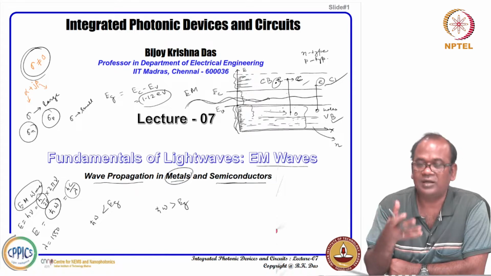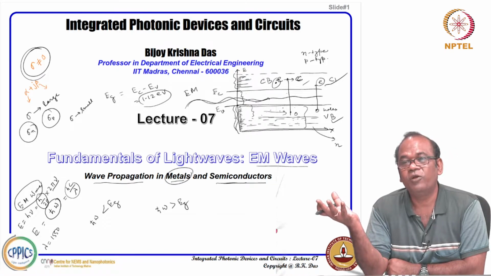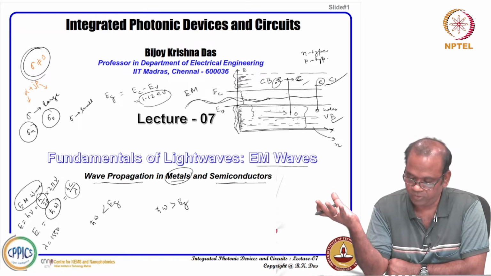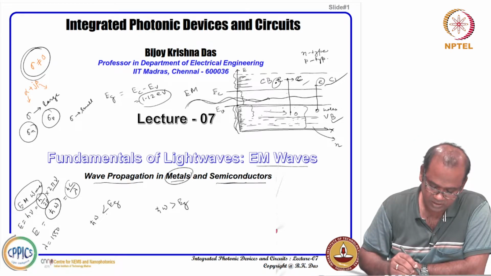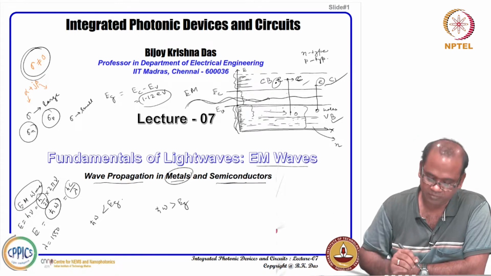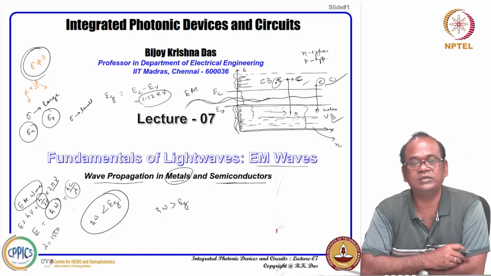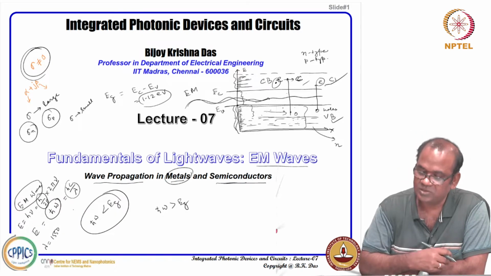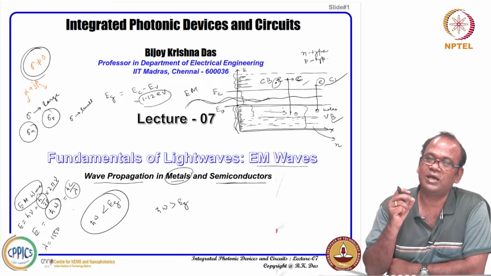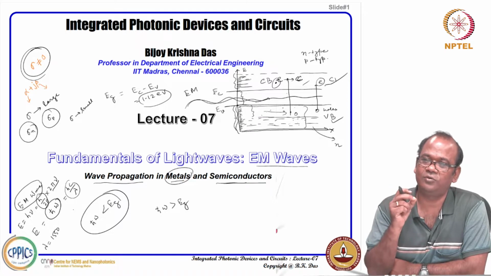We will be discussing that later, when we discuss the laser diode and photodiode. For the moment, we can consider the semiconductor as a dielectric material for an electromagnetic wave having photon energy less than the band gap.